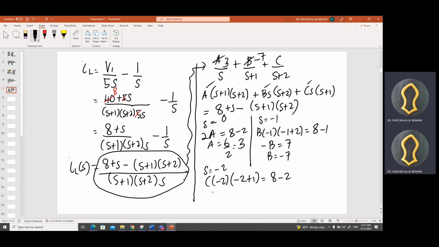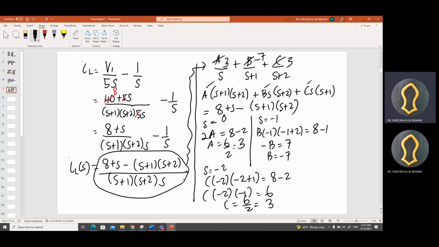So you have C times minus 1 equal to 6, and then your C will be minus 6 over 2. So C is 3.